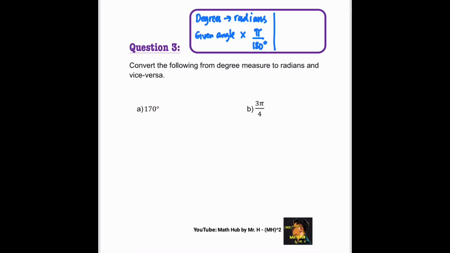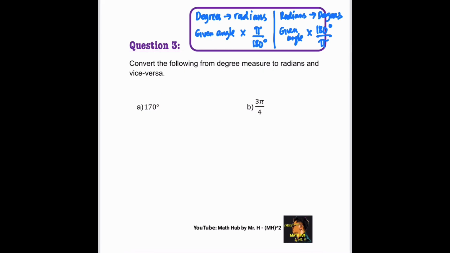And for the opposite, if you're given radians and you need to convert to degrees, you need to take the given angle in radians times the opposite, so 180 degrees divided by pi.